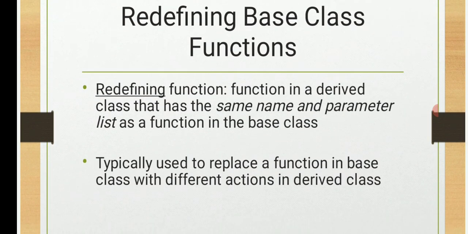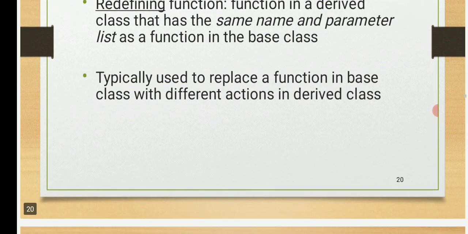Redefining base class functions. A function in a derived class that has the same name and parameter list as a function in the base class is a redefined function. We can redefine functions of the base class. It is typically used to replace a function in the base class with different actions in the derived class.